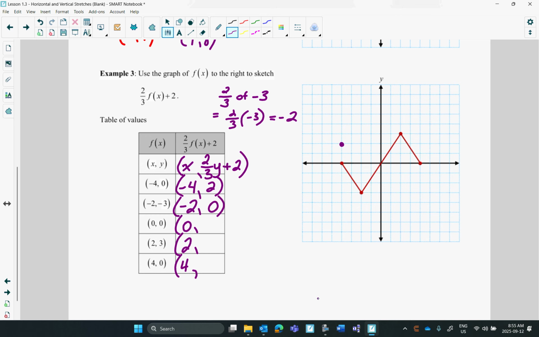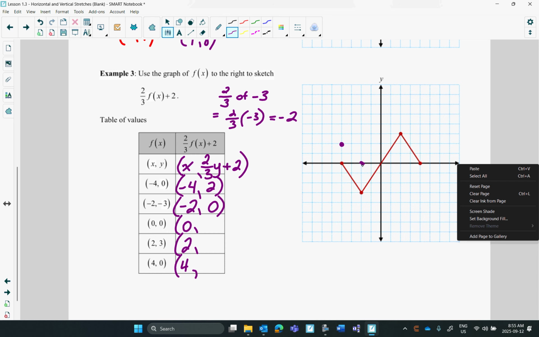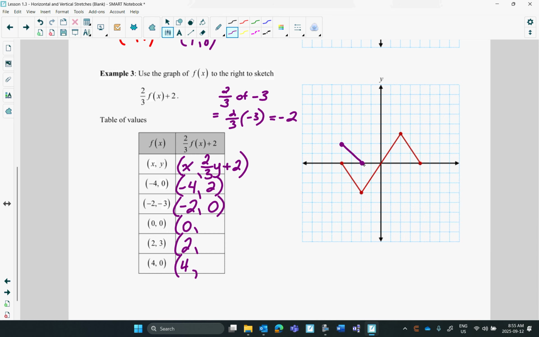Plot it. Connect. Well, 2/3 of 0 is 0, plus 2 is 2. That's the same as this one. So I get (0, 2). Connect. 2/3 of 3 is 2, plus 2 is 4.